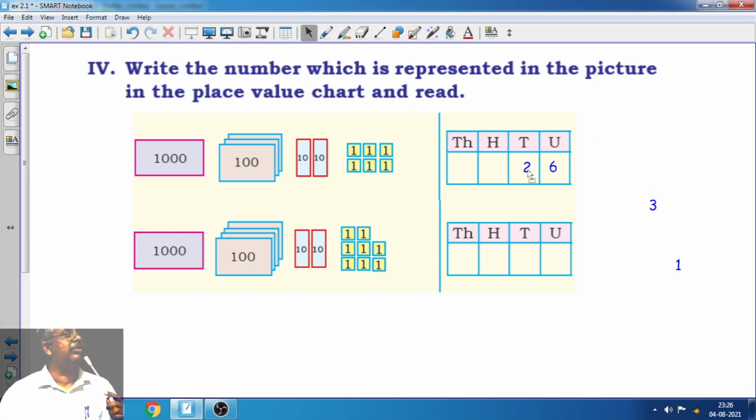I found 2 tens here, and 3 hundreds here, and 1,000 here, which is 1,326. Even when you give this as money, you should have one 1,000 rupee note, 300 rupees, and 10 in 2 pieces, and then 1 rupee in 6 pieces.